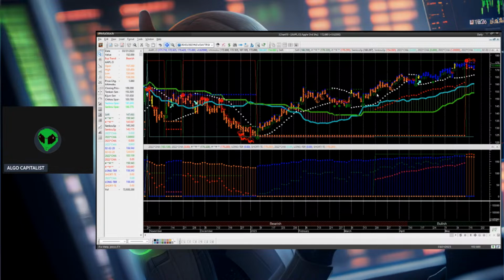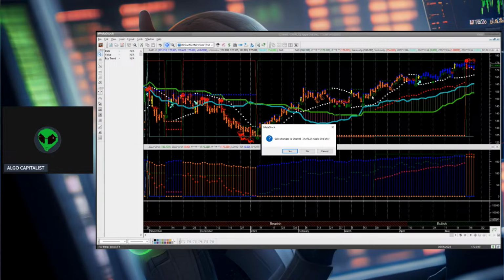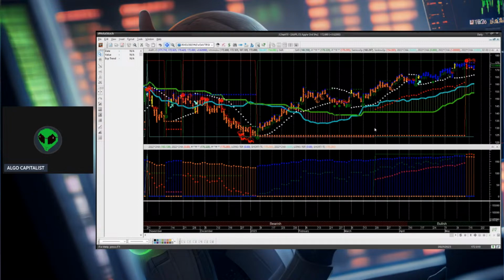Switched over from a bear market to a bull market and continued to rally. Now it's looking like the market may have topped out. Looks like Apple may be done. So we will see. We'll wait and see if we get confirmation here, but it's looking like it could be done. But right now we're looking for downside.